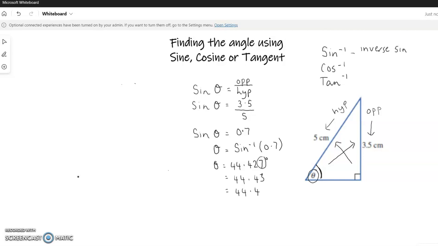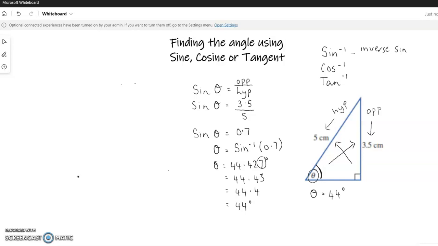If we wanted to round it to the nearest whole degree, we would round down to 44 degrees. So there is my angle. I would suggest that when you come up with your angle, you round it to the nearest whole degree. So in this triangle, the angle is equal to 44 degrees.